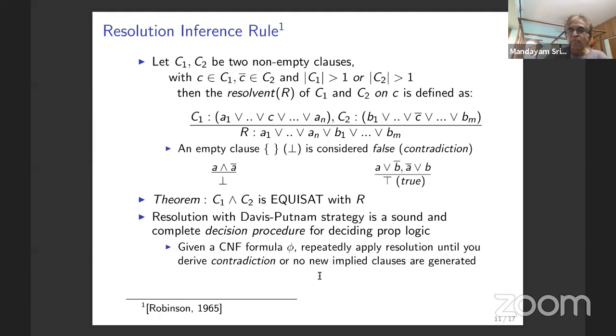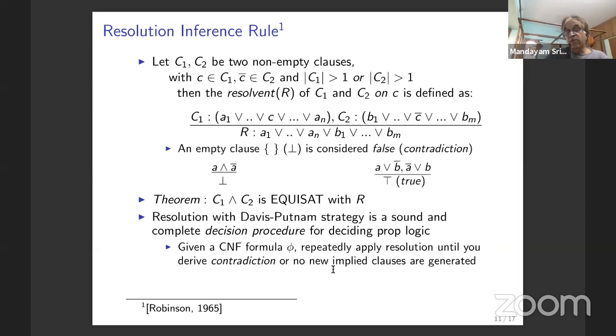And by the way, this resolvent is sometimes called an implied clause, because strictly C1 and C2 implies R. So you either derive a contradiction, or there are no new implied clauses that are generated.